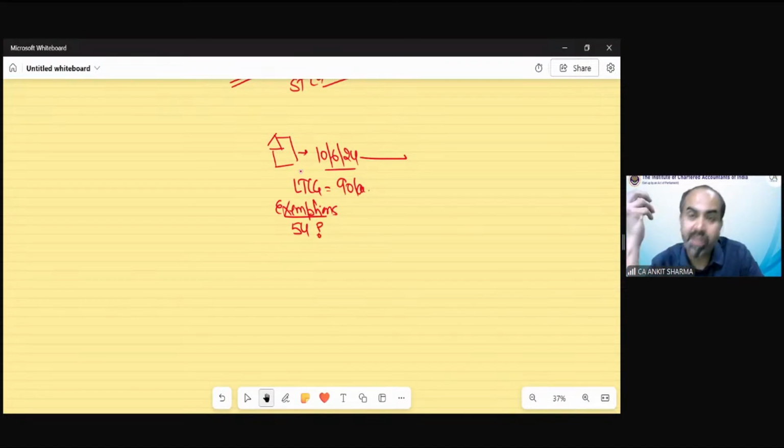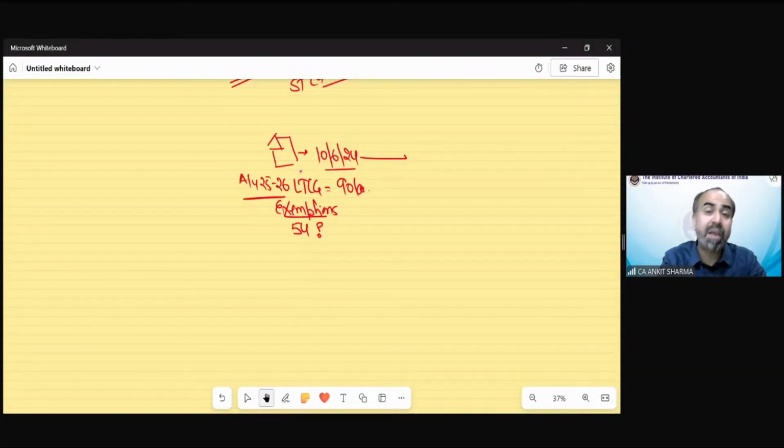Suppose the assessee is thinking to construct a property after 2 years in 2026. He thinks, I will construct a property in 2026. And I have to calculate the gain and exemption in my assessment year, that is 25-26. So how is this exemption going to be given, which is based upon our future investment?